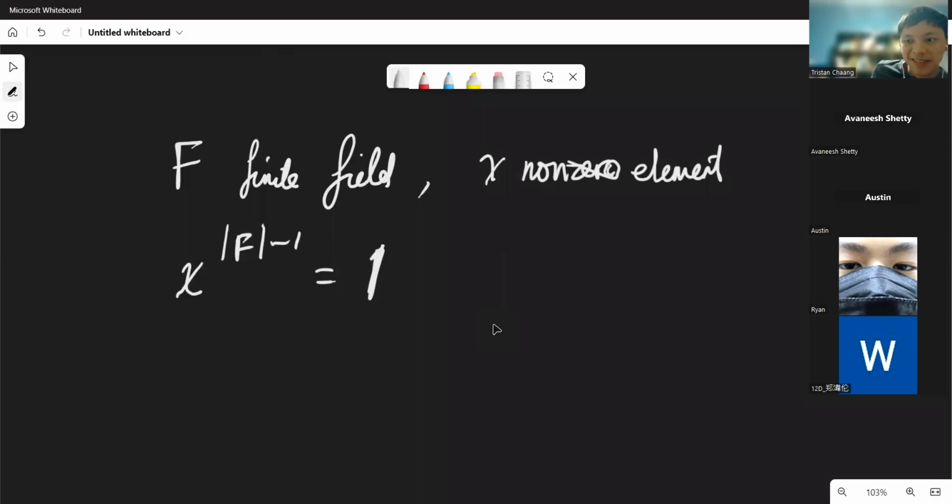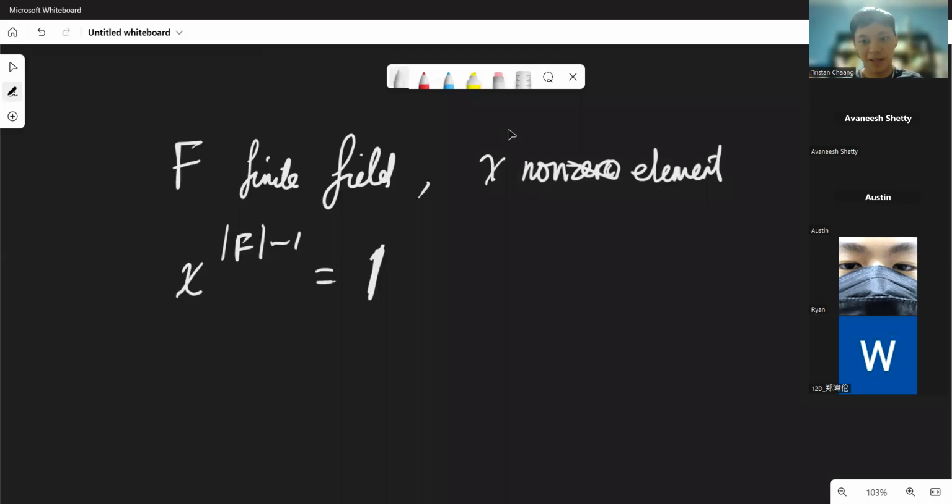So the answer is you just consider the F minus 1 non-zero elements of that field, right? And then you multiply everything by X. It must permute the elements by the cancellation law. It is injective. And then you do the same thing, if that makes sense.